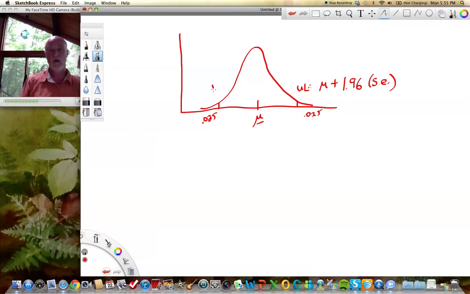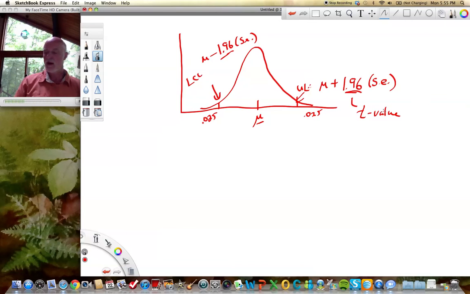And our lower confidence limit would be mu minus 1.96 times the standard error. And what is this 1.96? That is in fact the t-value. We derived this before when we were doing confidence limits.